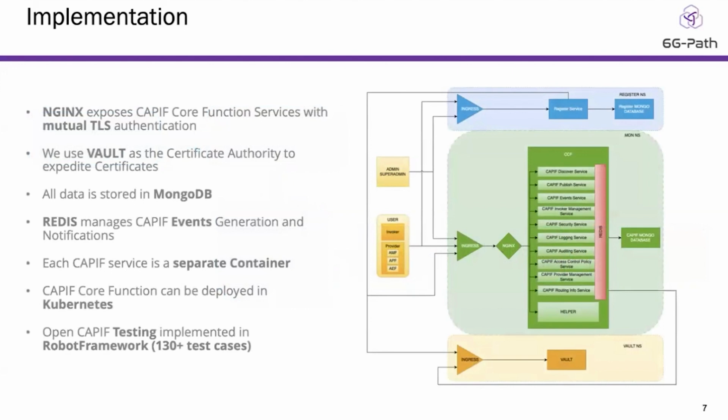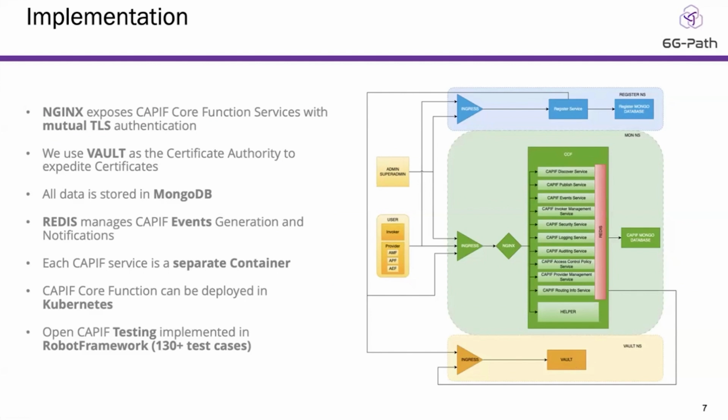You can see in the right picture the different components. We use Nginx to expose the CAPIF core function and implement the mutual TLS authentication. For the certificate authority, we use Vault because we need to issue certificates.